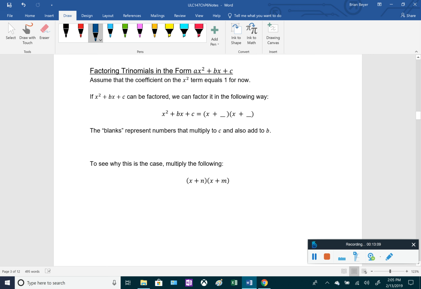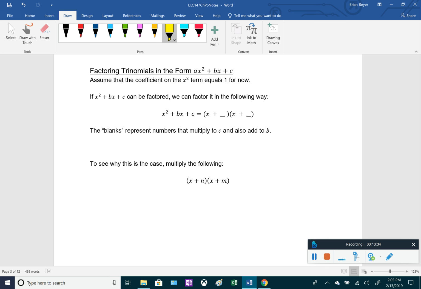Okay, so for the next thing, now we're going to be factoring trinomials in the form ax squared plus bx plus c. So trinomials, so we have three terms where the highest degree is 2. For now, we're going to have the coefficient on the squared term be a 1. So we're going to be factoring x squared plus bx plus c.